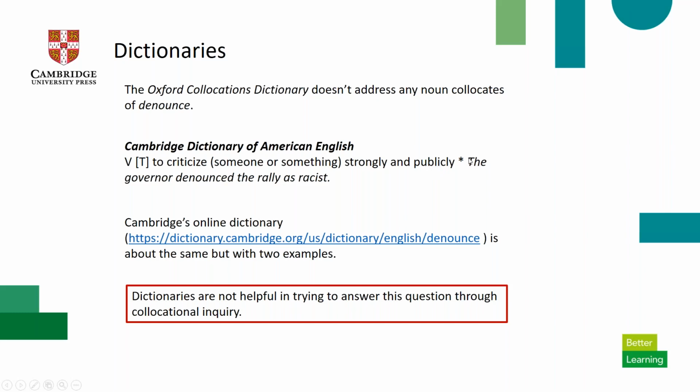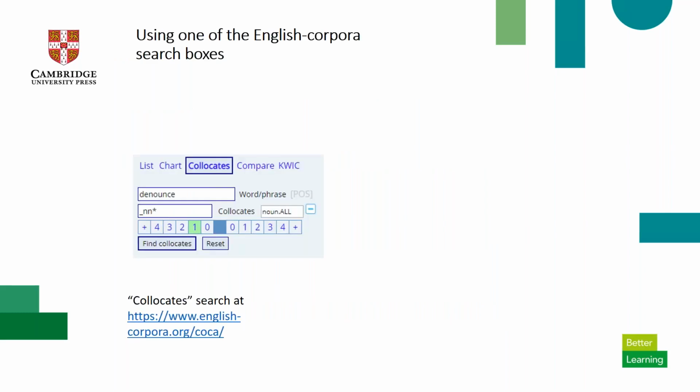And the sample that it gives shows the subject being a governor. That's a little bit different from a mother. If I go to Cambridge's online dictionary, I see about the same thing, but with 2 examples rather than 1. Overall, dictionaries are not helpful in trying to answer this question through collocational inquiry.